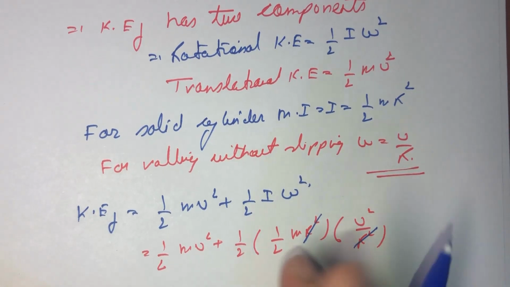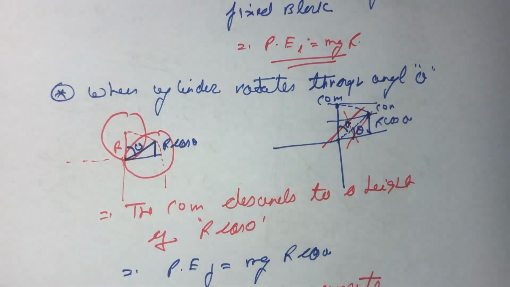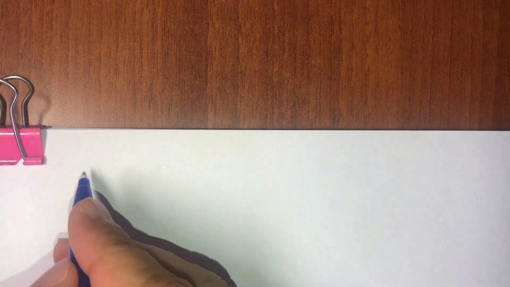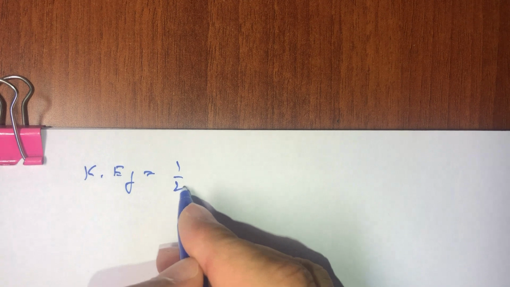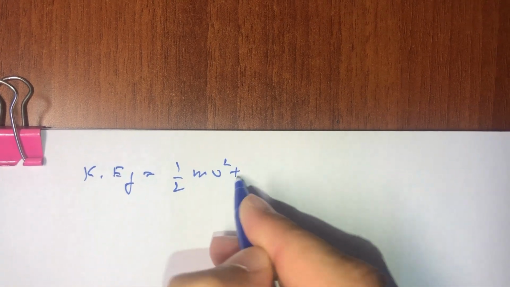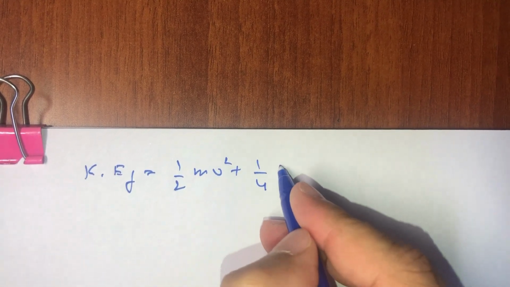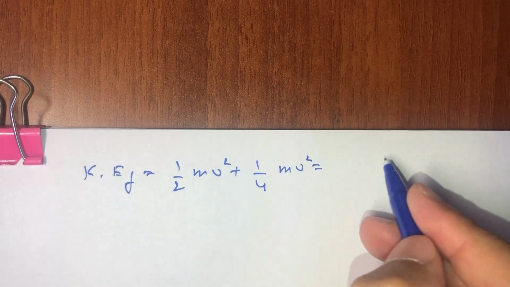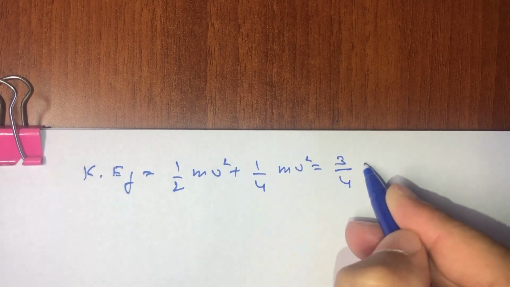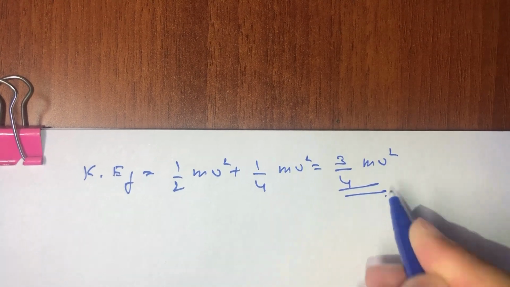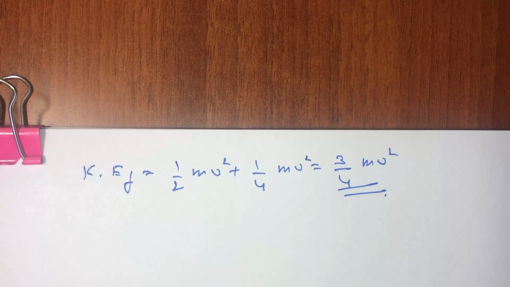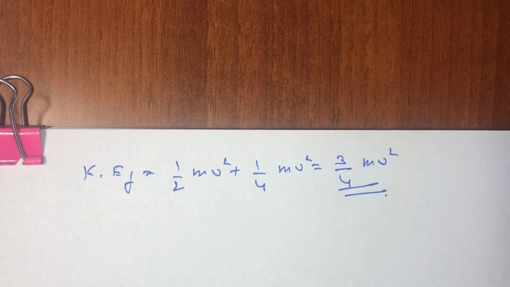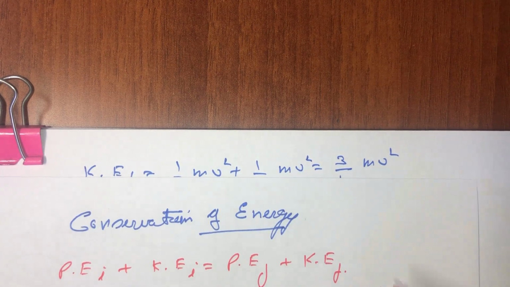R square and r square cancel out, and we are left with kinetic energy final will be equal to 1 by 2 m v square plus 1 by 4 m v square, and this will be coming as 3 by 4 m v square. And due to the conservation law, let us call this equation number 1.